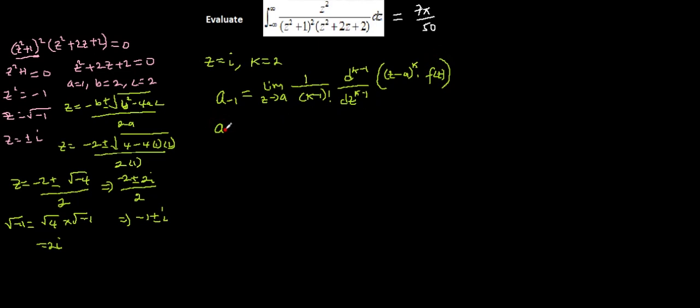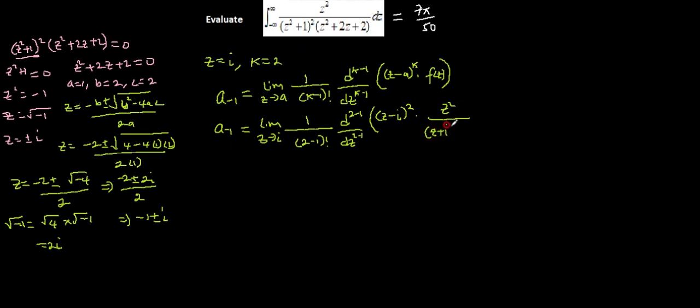Substituting this now, we're going to have limit as z tends to i, because a here is i, of 1 over (2 minus 1) factorial, then d to the 2 minus 1 over dz to the 2 minus 1, of (z minus i) squared multiplying f of z here, which is z squared divided by (z squared plus 1) squared into (z squared plus 2z plus 2).